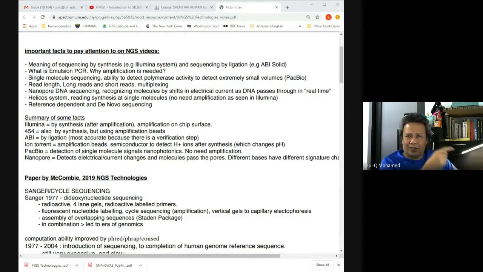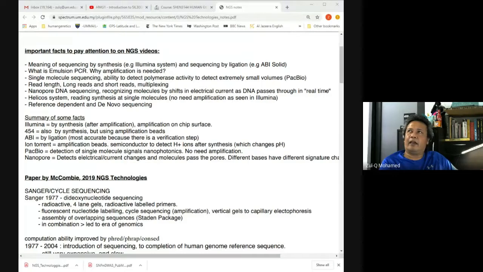Illumina and 454 detect fluorescence, but Ion Torrent uses a semiconductor to detect the hydrogen ions released when synthesis is made. So this is still sequencing by synthesis, but instead of detecting fluorescence, it detects the hydrogen.